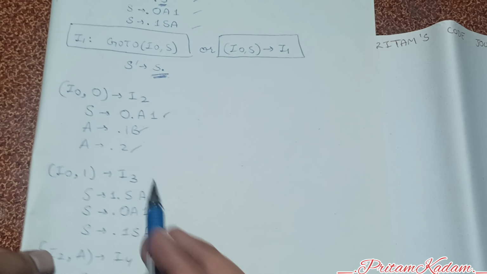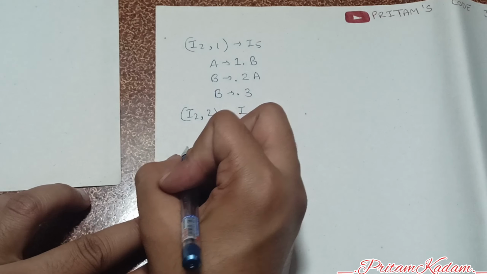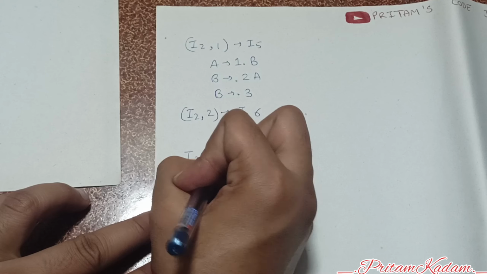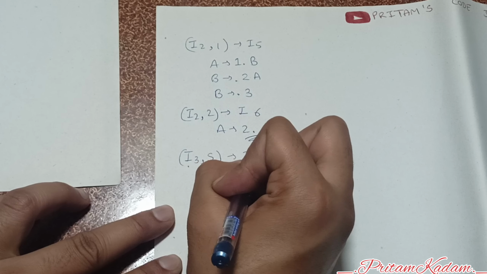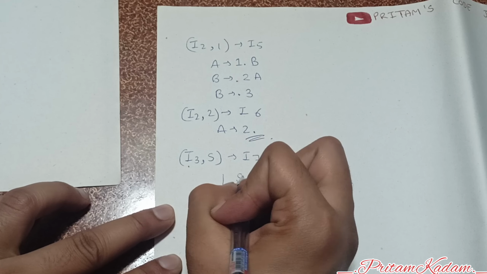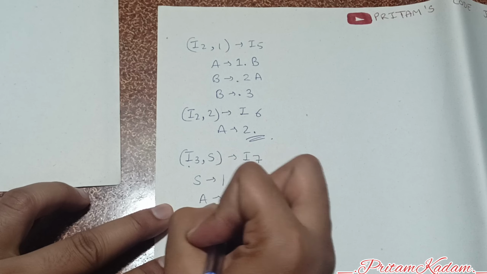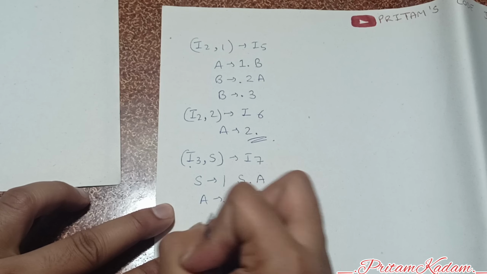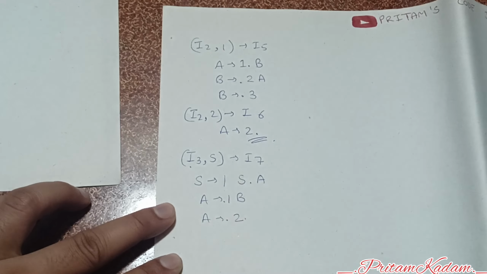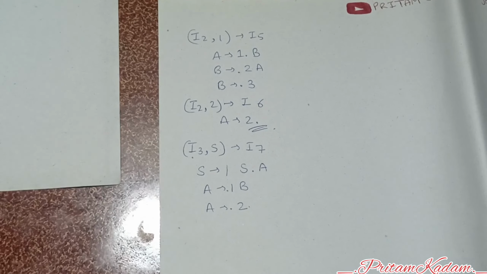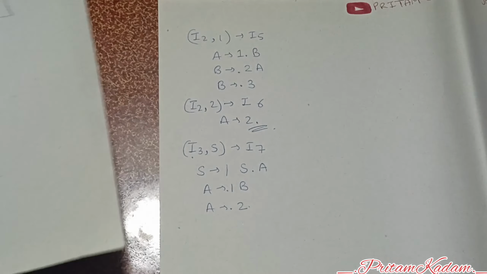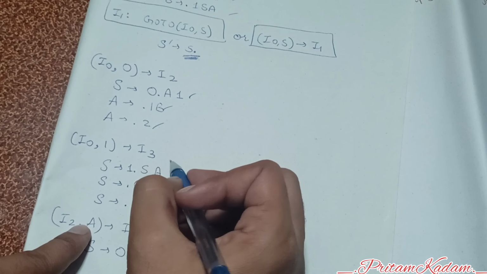Now we will proceed ahead to the I3 part. On passing S in I3, we get 1S dot A. So this is the 7th state, a new one. So S gives 1S dot A, and we will write the productions of A as we have a non-terminal after the dot. Now we have completed the first production in the I3 state.